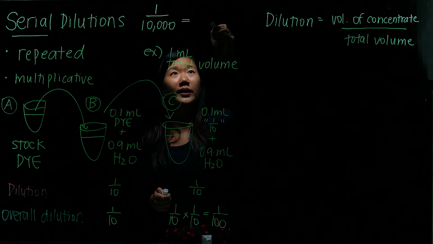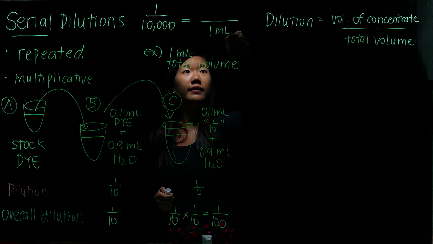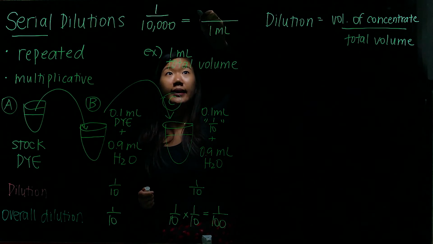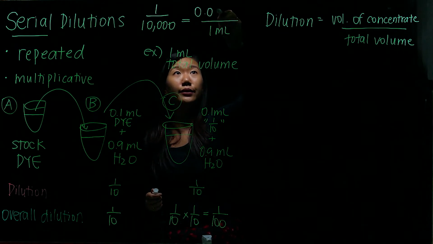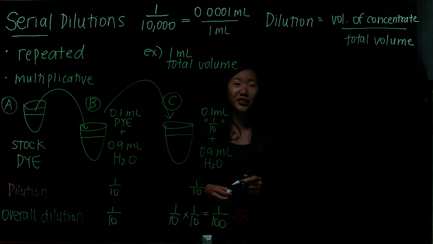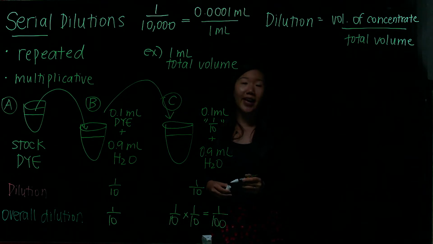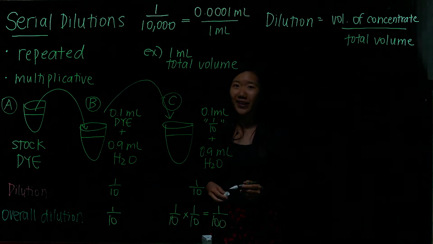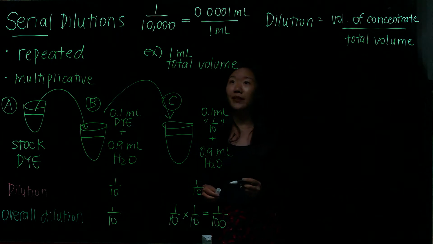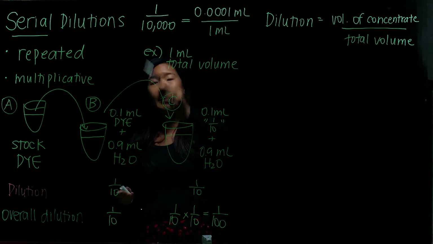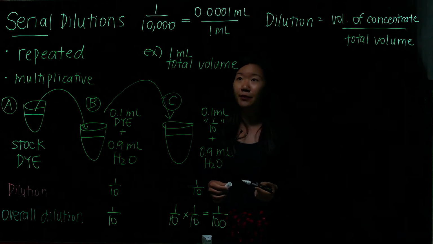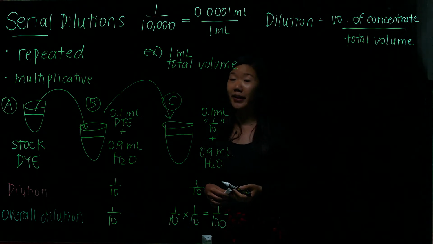To make this 1 over 10,000 dilution, the volume of the concentrated solution that we would need is 0.0001 milliliters, which is a very small volume. And certainly with the pipettes that we have in the lab, you wouldn't be able to pipette this volume accurately. A 1 to 10,000 dilution might be something that you need for your experiment or something that you need for your patients.